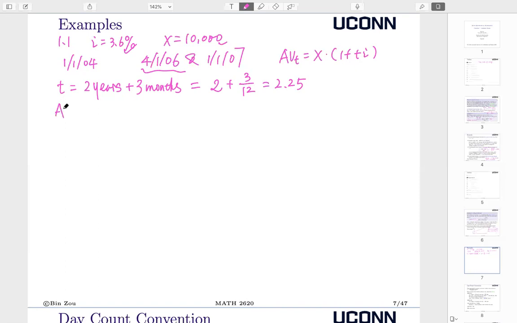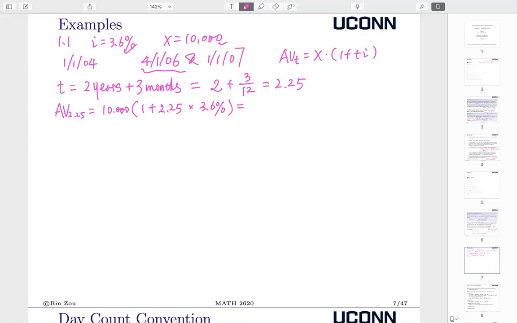So the first one we calculate is 10,000 times (1 plus 2.25 times 3.6%). By the way, you should have a calculator for every class in this course.